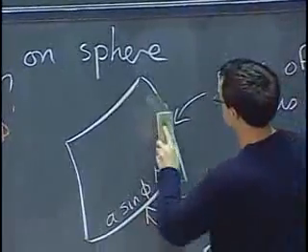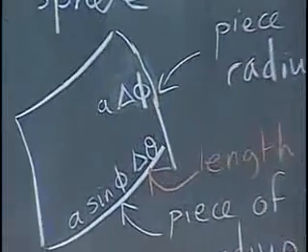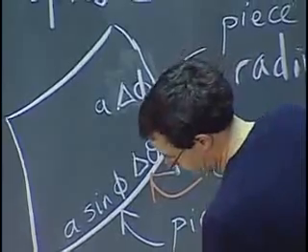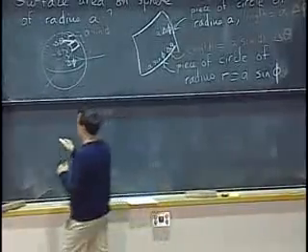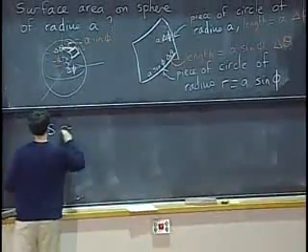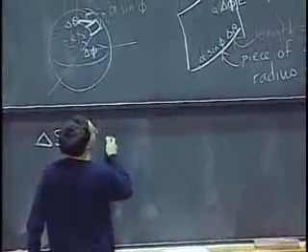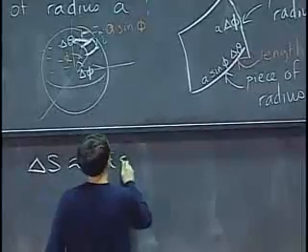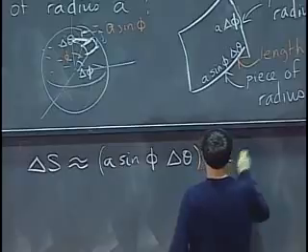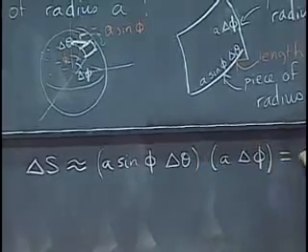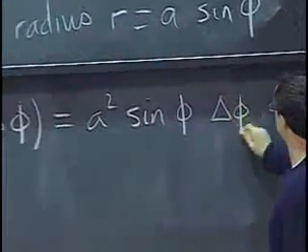Sorry, you can't read it. So that tells us that if I take a small piece of a sphere, then its surface area, delta S, is going to be approximately a sine phi delta theta times a delta phi, which I'm going to rewrite as a squared sine phi delta theta.